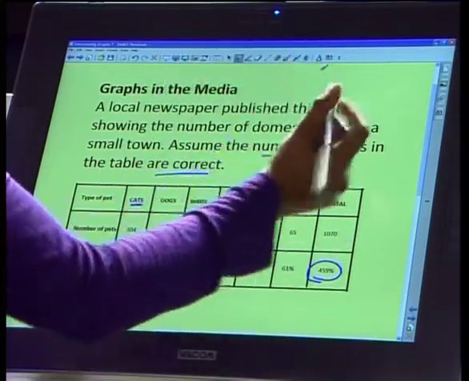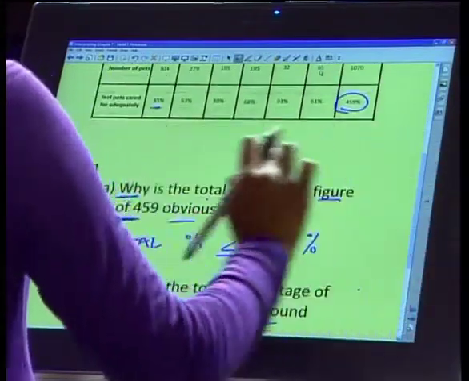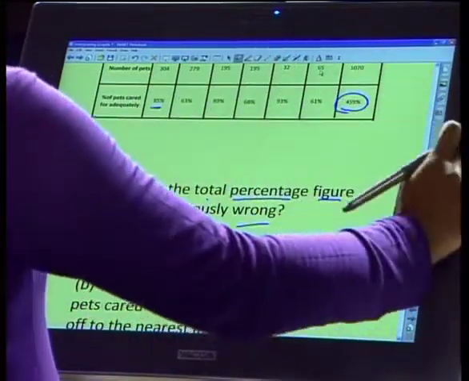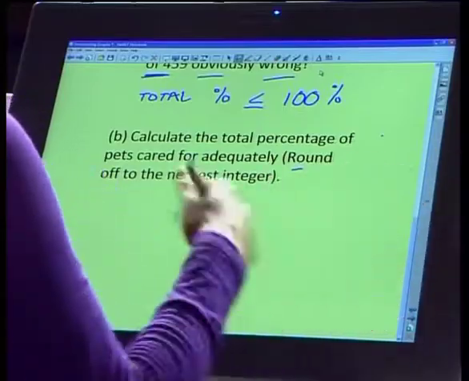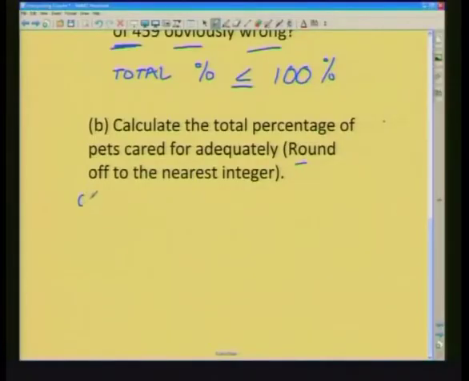So we're not being misled there. And we know that 85% of those 304 cats are being cared for adequately. So if I would like to find out what number of cats are adequately being cared for, all I've got to do is find 85% of 304, so that means times by 304.